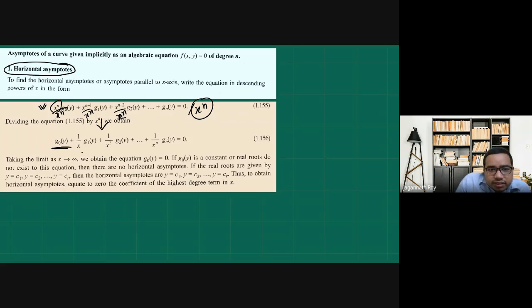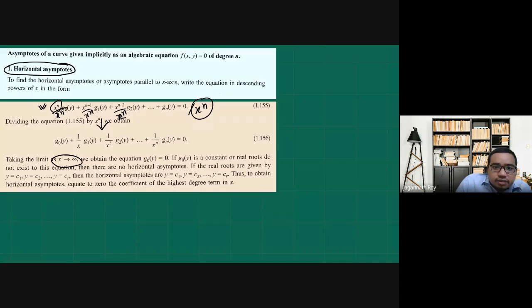Now, as x tends to infinity, all these terms will go to 0. The only term remaining is g0 of y. Okay, g0 of y.